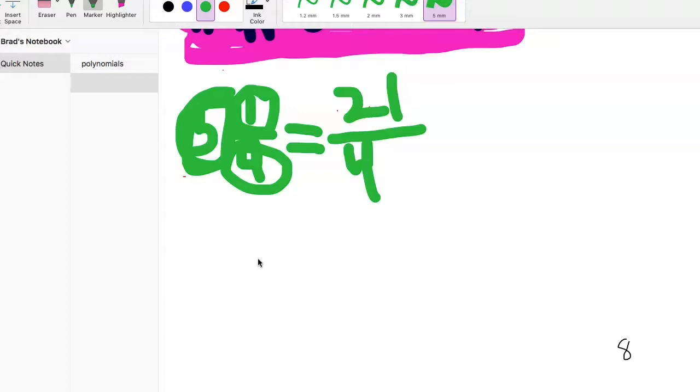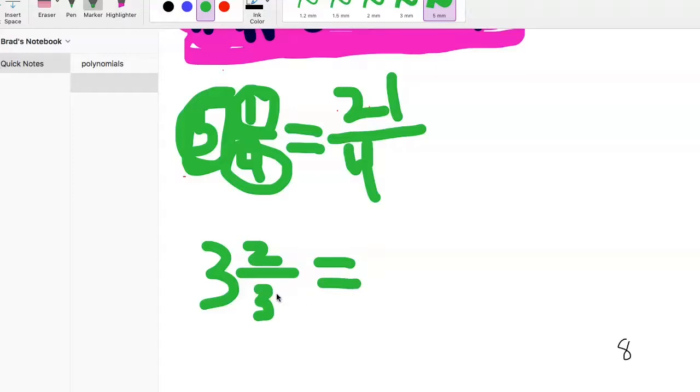Okay, and then you just got to practice these, and it's pretty straightforward multiplication. All right, so again, we have our big number. Let's say we know the bottom number is going to be 3.